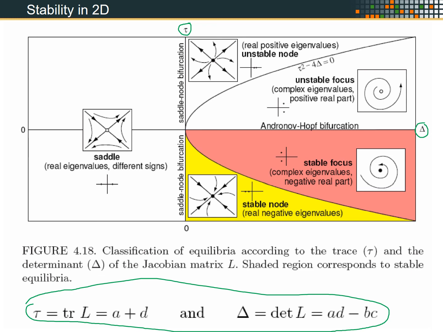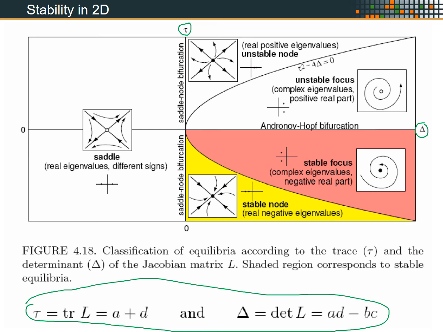And we're plotting now the different solutions with respect to changes of tau and delta. And we are separating the entire phase plane into tau smaller or larger than 0 and delta smaller or larger than 0.